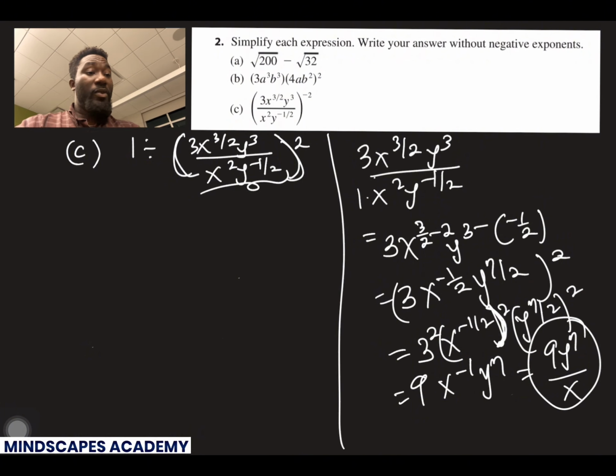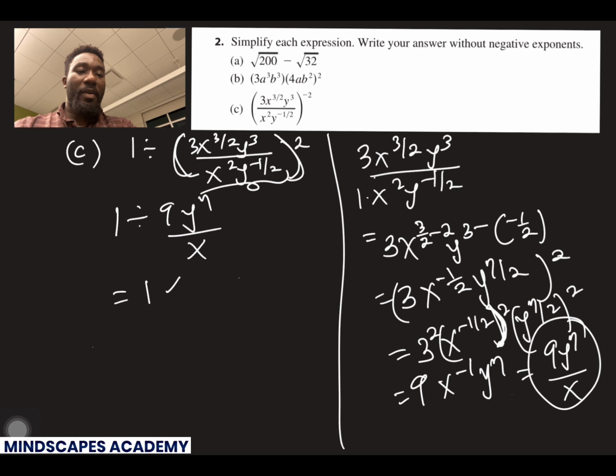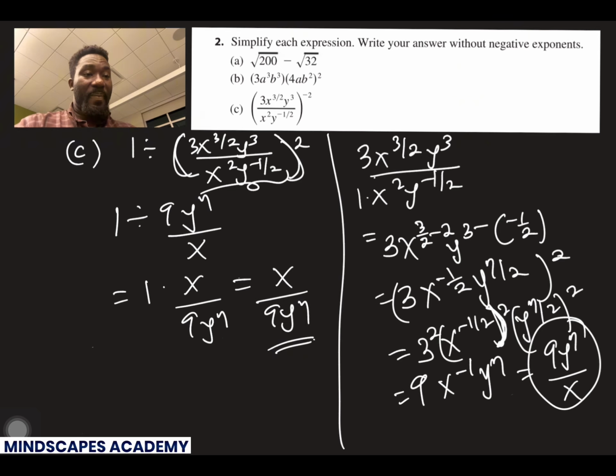So now what do we have? Now we have 1 divided by 9y7 divided by x. Now this gives 1 multiplied by, so let me use a dot, 1 multiplied by x over 9y7. If you multiply by 1, you have x over 9y7. And this is our final answer.